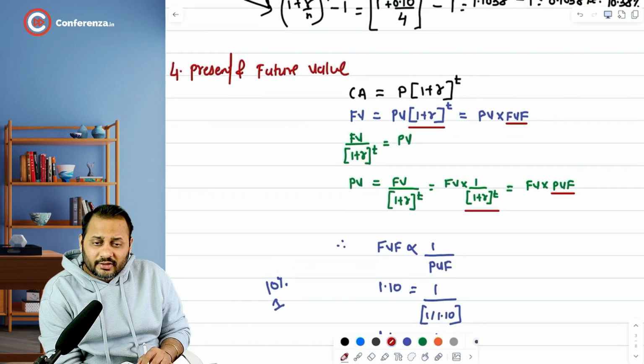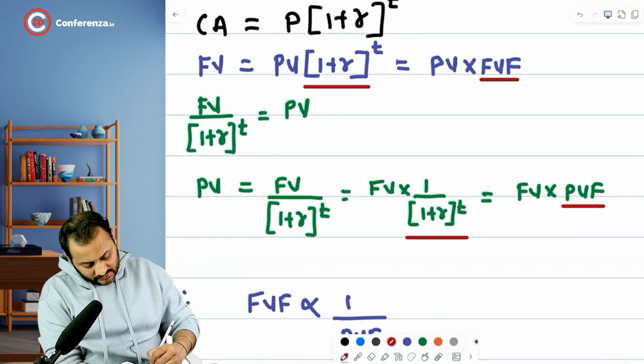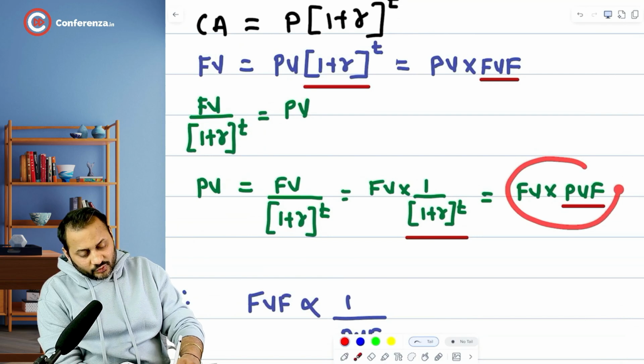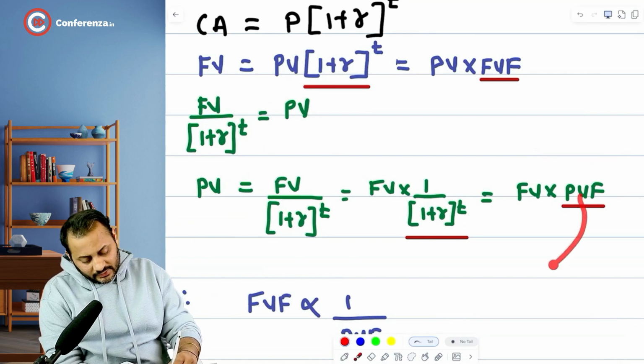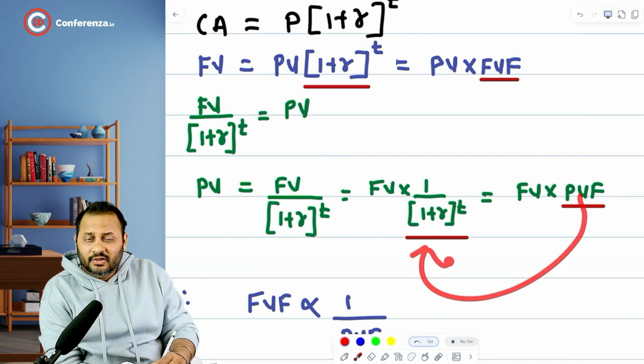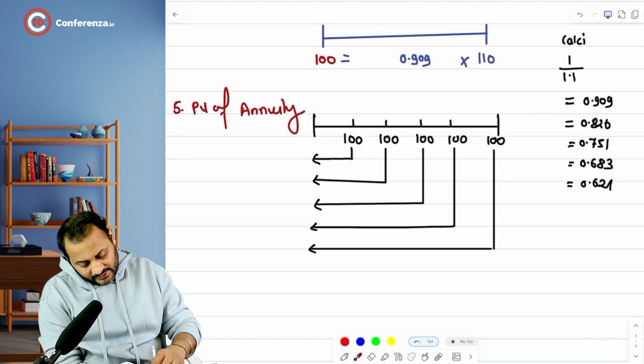Let's go back to this point. Present value is nothing but the future value multiplied by the present value factor. How do we calculate the present value factor? It is 1 divided by 1 plus r to the power t. If we have to bring some cash flow back by 5 years, we take 5 as t. Okay, not a problem. Let's do that.